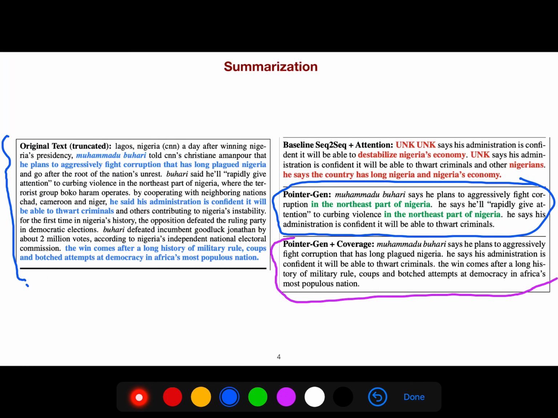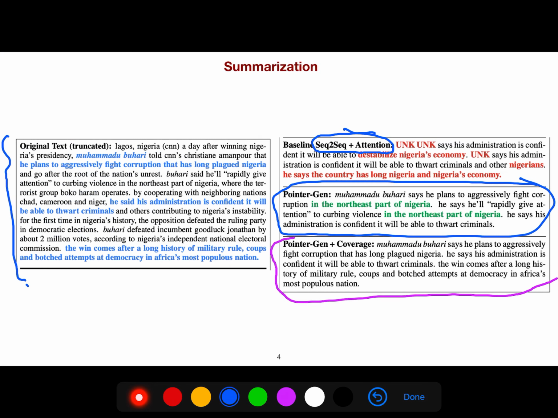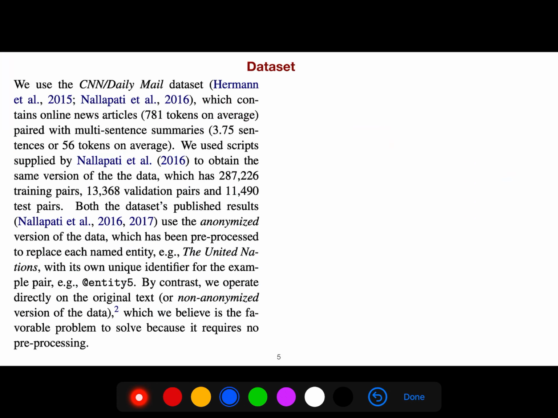And of course, our baseline in this article is just a traditional sequence to sequence with attention, which sometimes gets repeated, and we don't like this phenomenon. But coverage removes this repetition in a beautiful way.